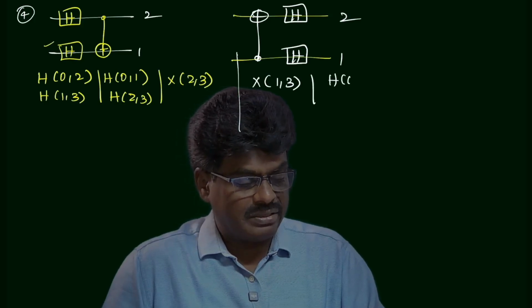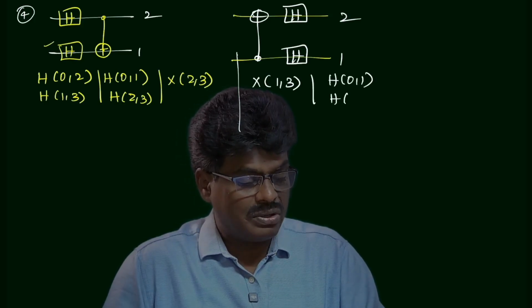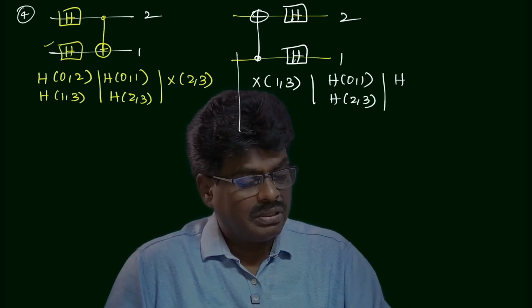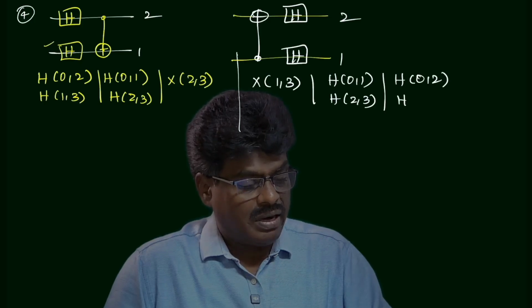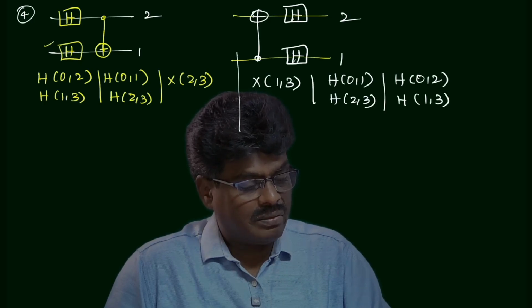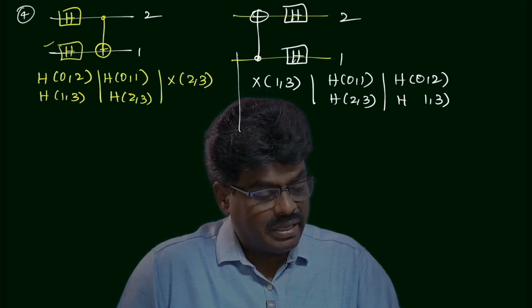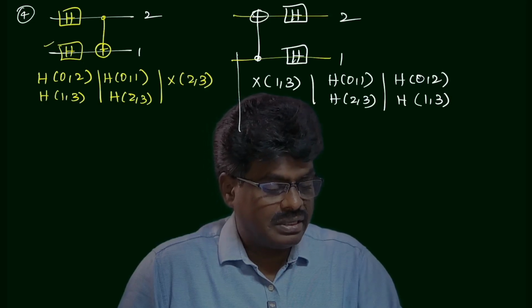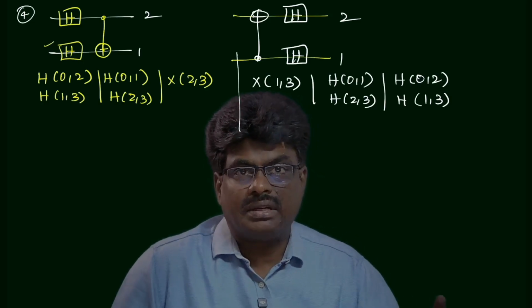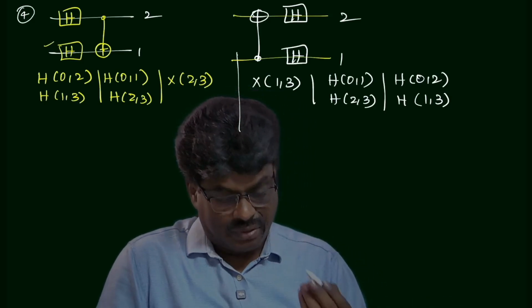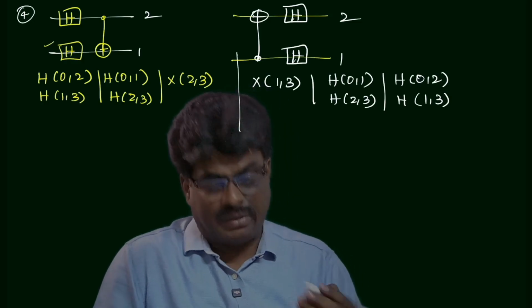You can take any H, H01 and H23. After adding 2, H02, and I have to add 1 comma 3, right? See, I'm not doing any binary addition or something, just very easy, just a decimal notation and decimal addition only. So I hope you are following. If you are facing any trouble, please let me know.